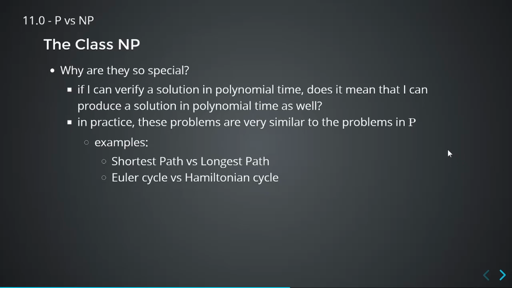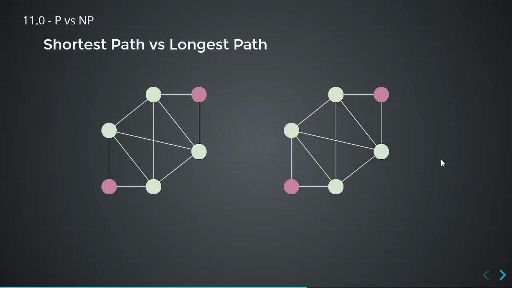Well, it turns out that there is no polynomial time algorithm to work out the longest path in a graph. Let's take a small example. Let's take a graph where all the edges have the same weight. Let's say we're trying to find the shortest path from the source, the purple node here, to this side of the purple node. If I ask you to work out the shortest path, then it's easy, right?